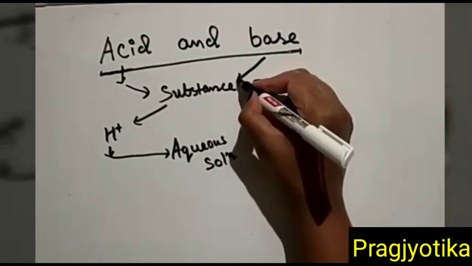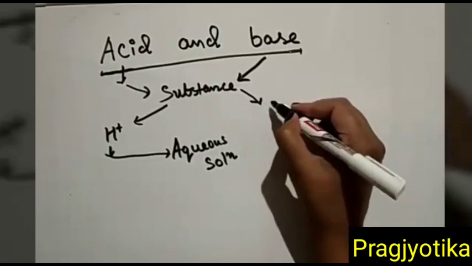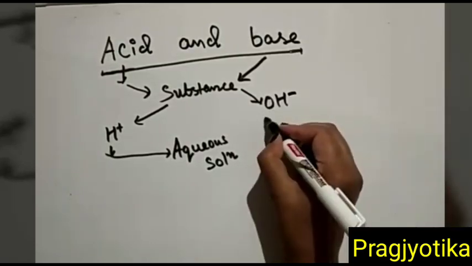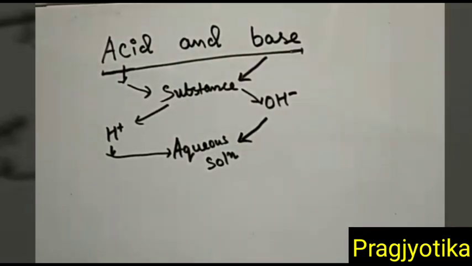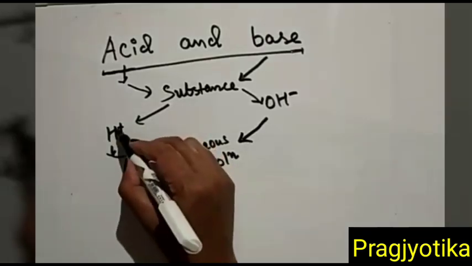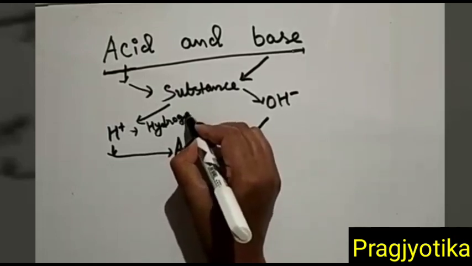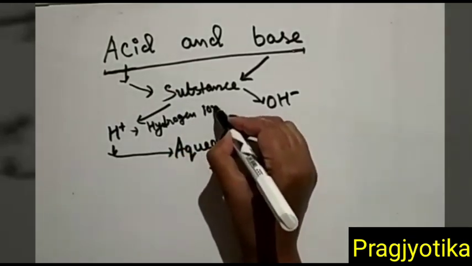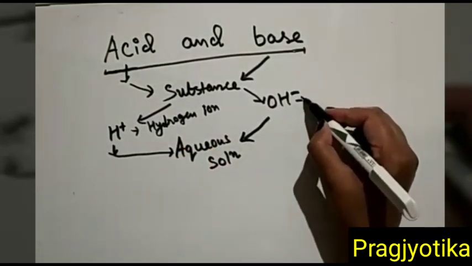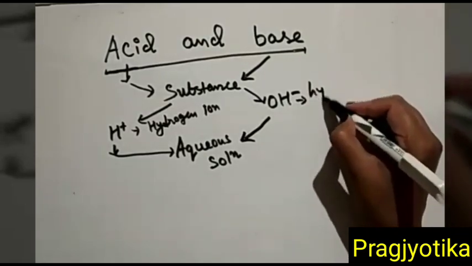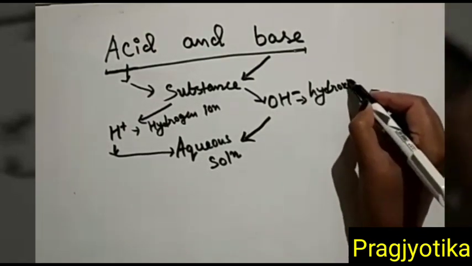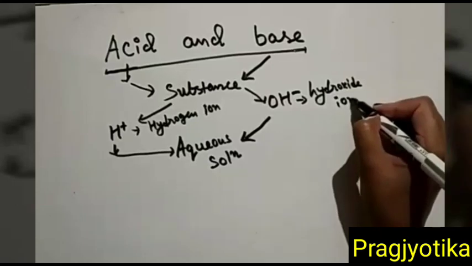and base is a substance that gives hydroxide ion in aqueous solution, where this H plus represents hydrogen ion and OH minus represents hydroxide ion.